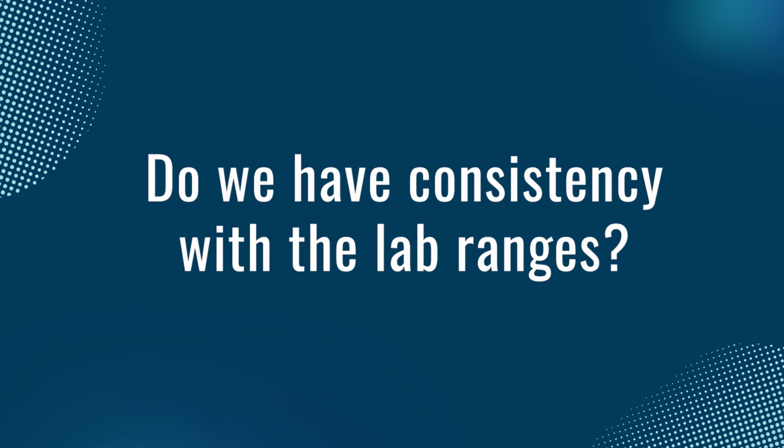And then the final point on zonulin, do we have consistency with the lab ranges? Remembering back to that neurotransmitter testing company that kind of cooked the books, if you will, and made the ranges so narrow that everyone looked positive. There is some inconsistency with the ranges.